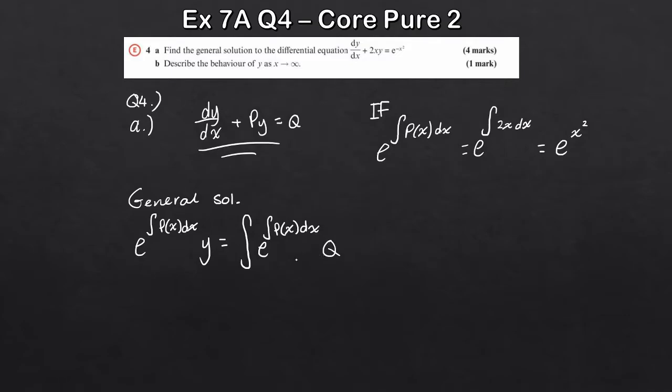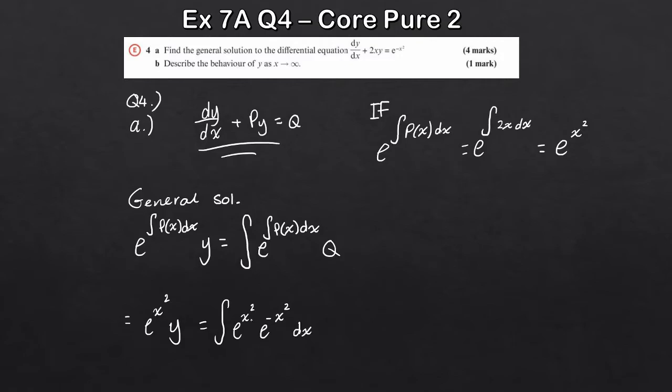If we apply that now for our question, my integrating factor we've already worked out, so it's e to the x squared times y, which is equal to the integral of e to the x squared multiplied by e to the minus x squared. Well, these are just going to give you 1, right?